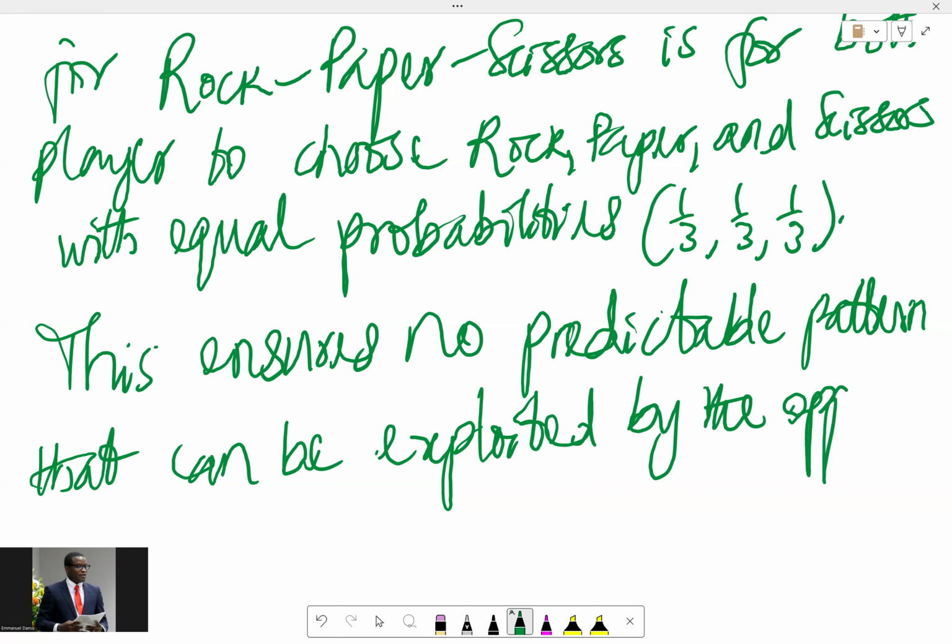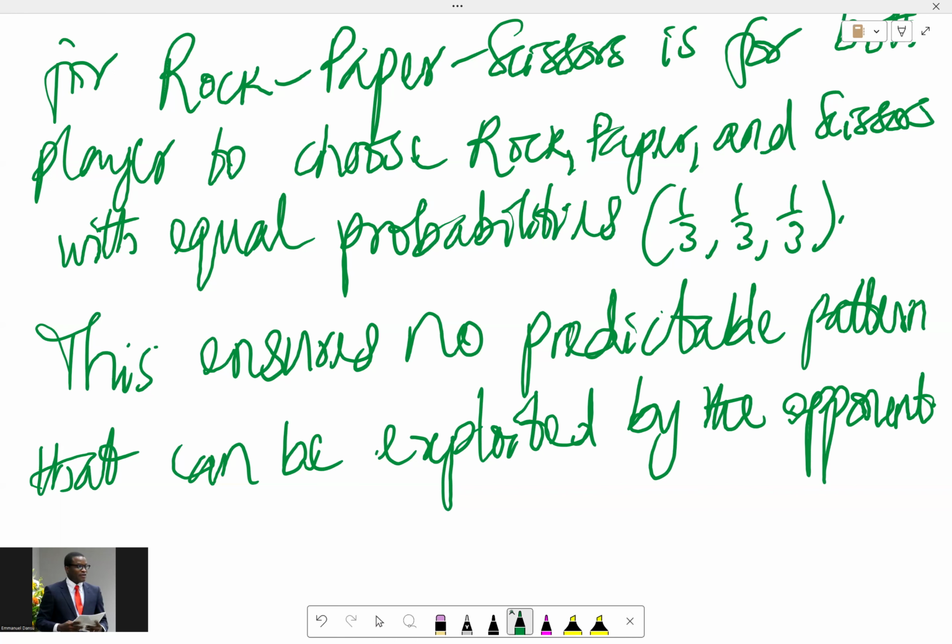So that actually makes rock, paper, scissors a very fair game, because you can never tell what your opponent is going to do, because there are equal probabilities of choosing rock or paper or scissors. So that's been an interesting one up till now. You want to go over that and really get used to it.